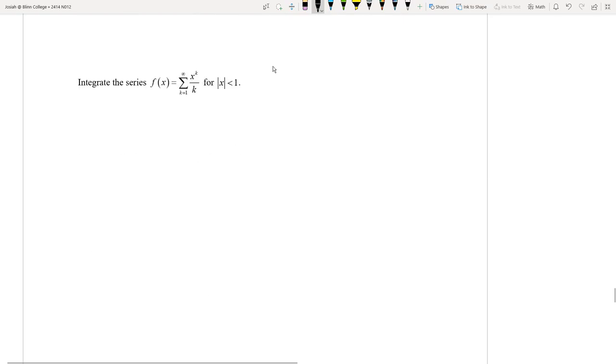And now we integrate. If we want to try to integrate, again, I'll go ahead and write down some markers here, some of our terms. We've got x to the k over k. So when we write that down, we've got x over 1 plus x squared over 2 plus x to the third over 3 plus x to the fourth over 4, and so on.